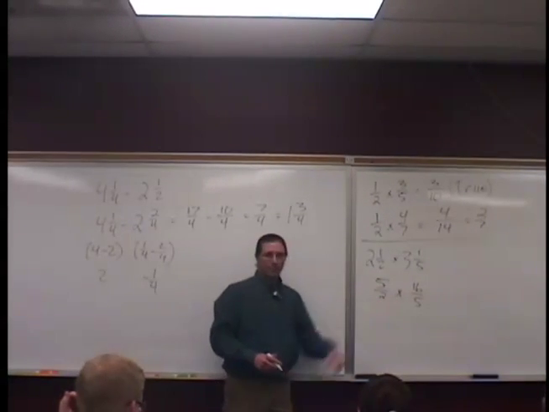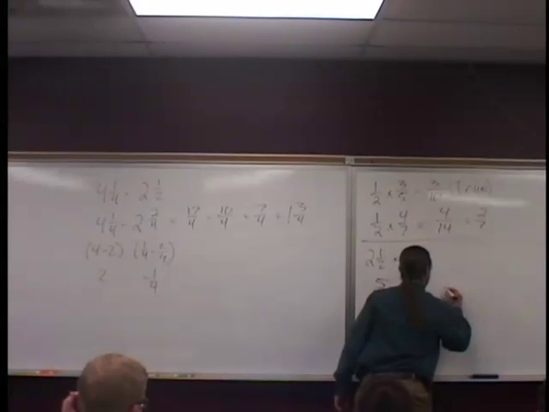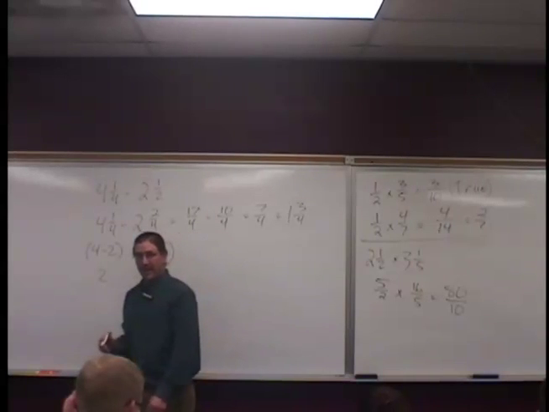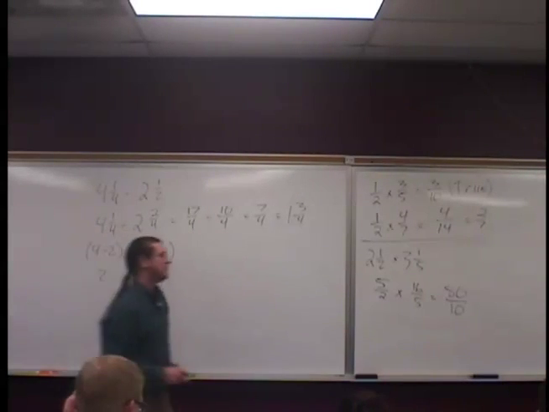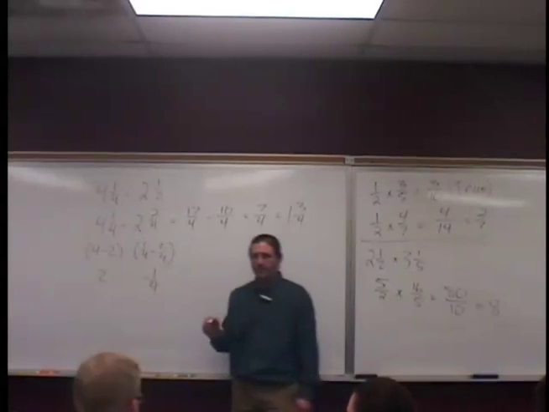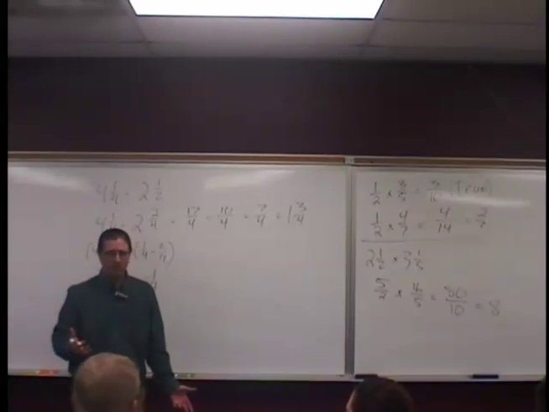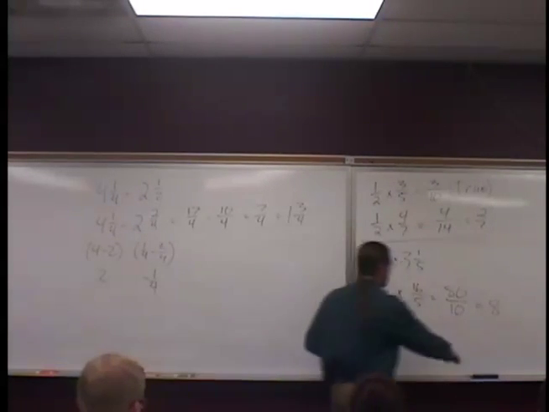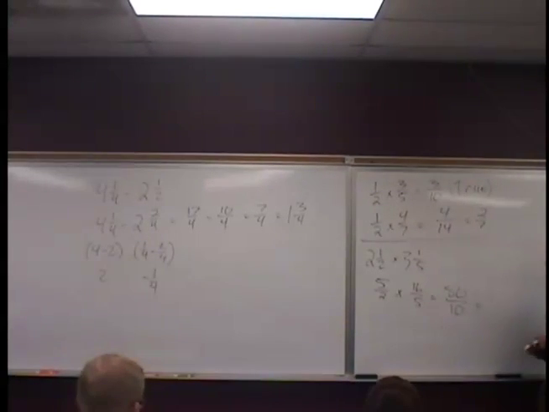Multiply the top, multiply the bottom, and then simplify. What's 80 divided by 10? 8. All right? Yeah. You could, if you wanted to, you could start reducing. Say take out a 10 from both of them, if there's a 10 in both, right?